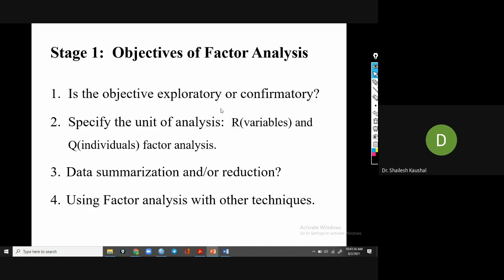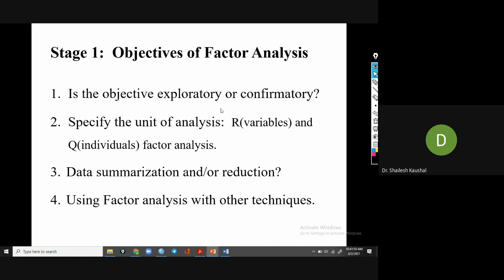There are three ways: we adopt the same scale and use it in our study. Second, we modify the scale. It means we delete some questions and add some questions. It's a modified scale. And third choice, we develop our new scale. When will we develop a new scale?